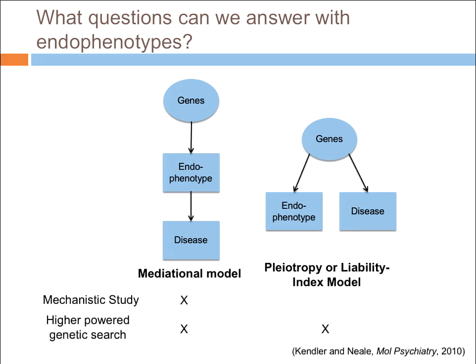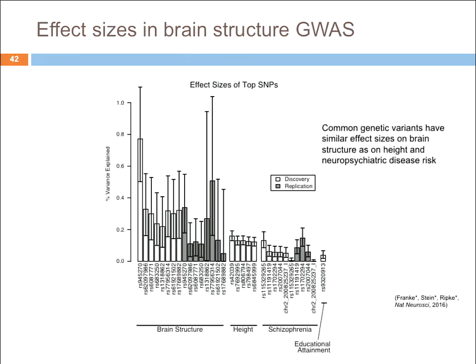So in this model, I don't get the mechanistic part, but if genetic variants have a higher effect size on brain structure than they do on disease risk, then I get a higher powered genetic search. It's important to know that we have not been able to separate these two models yet, but we really want the mediational model, and this has been what is sold in the community, so that's important.